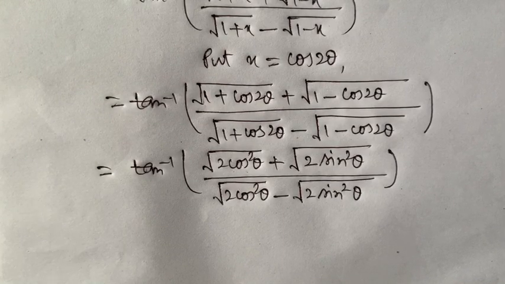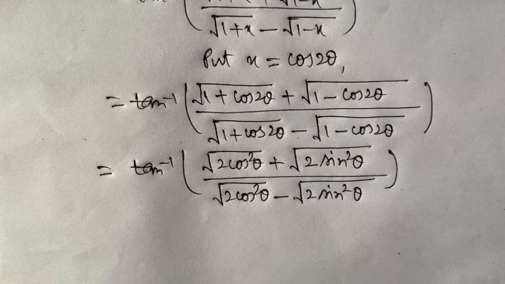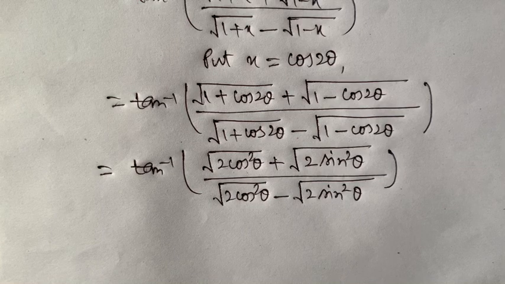That is why we had a substitution like that, because 1 plus x and 1 minus x both are present here. So we will look for that formula which has plus x as well as minus x, and it is that formula. This is 1 plus cos 2 theta, and we have another formula for 1 minus cos 2 theta. So we have substituted x to be equal to cos 2 theta.